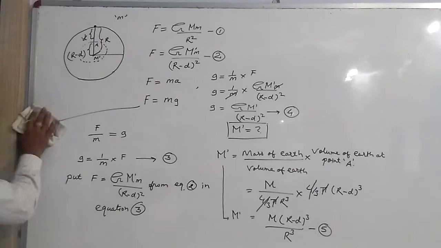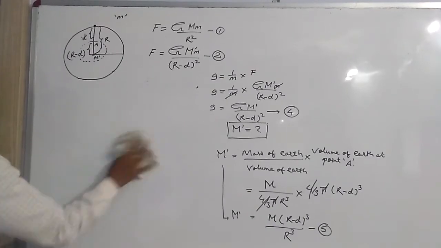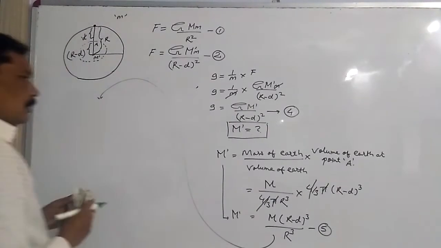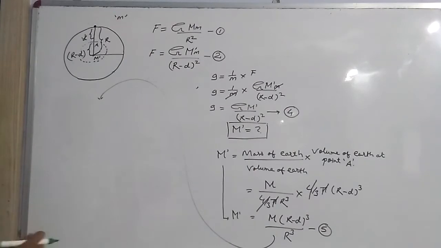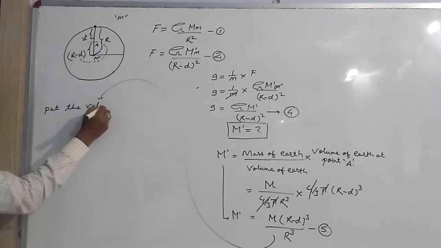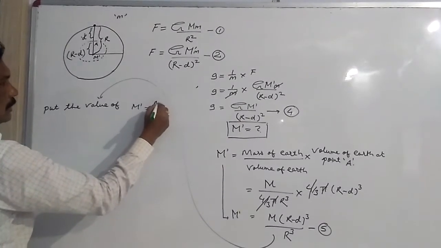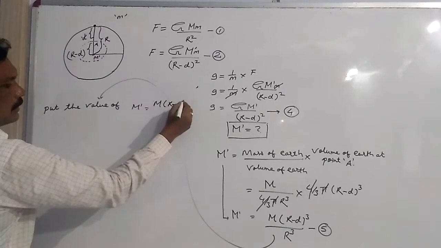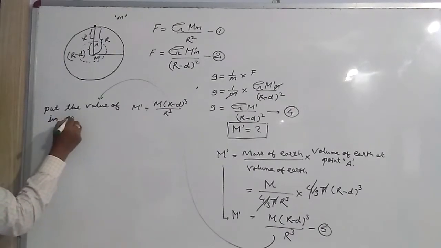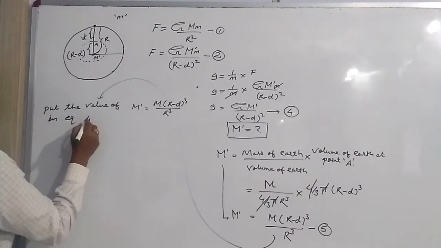Now what will we do? Put the value of M dash, which is M into R minus D cube upon R cube, in equation 4.